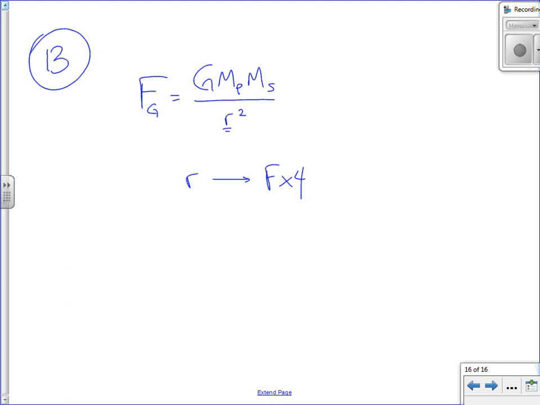If this gets 2 times smaller, F gets 2 squared times bigger. And the mass of the satellite is doubled, which gives us twice that. That means it increased by a factor of 8. All right? Booyah.